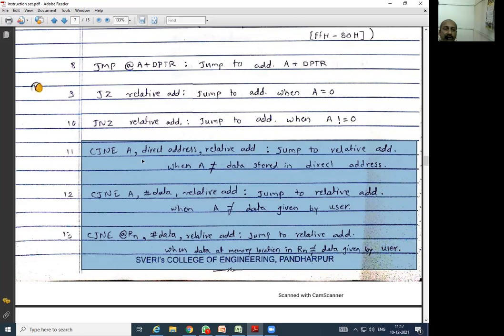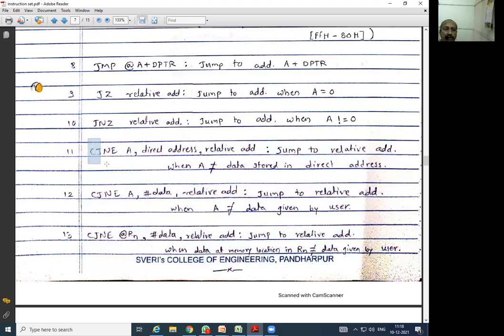If the data matches, or if the data does not match, this NE means not matches. So if the data does not match, it has to jump to the relative address. This is the total syntax for this instruction: CJNE A, direct address, relative address.